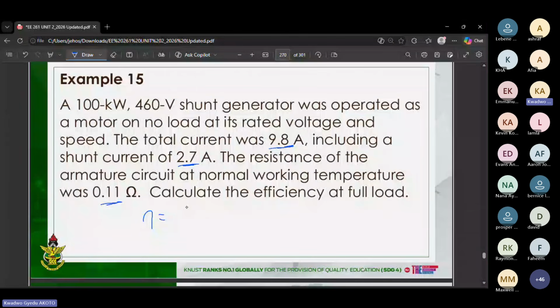So now let's tackle this question. The first thing we want to find is our output current on full load. Our output current on full load is just power divided by voltage.